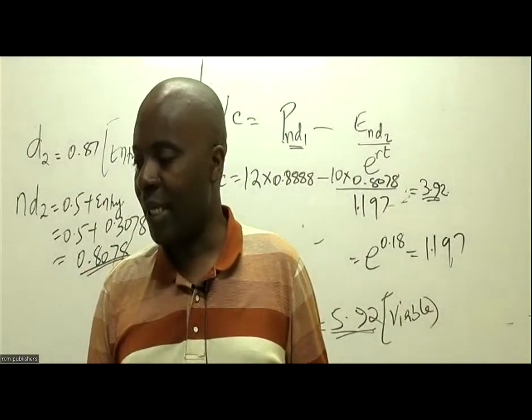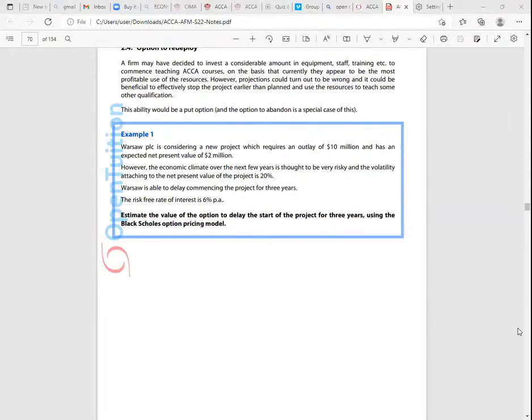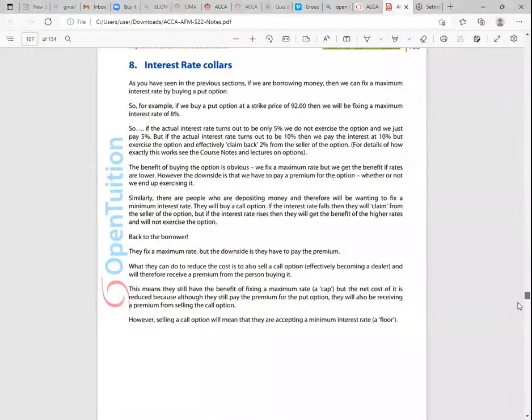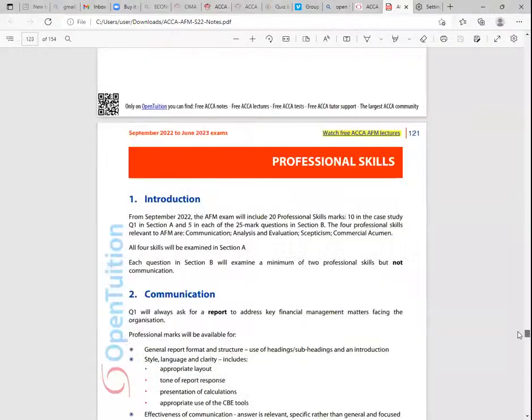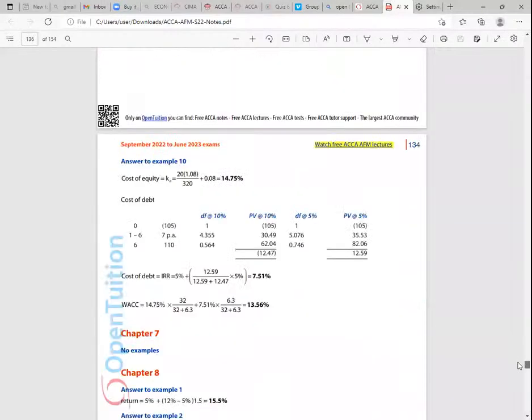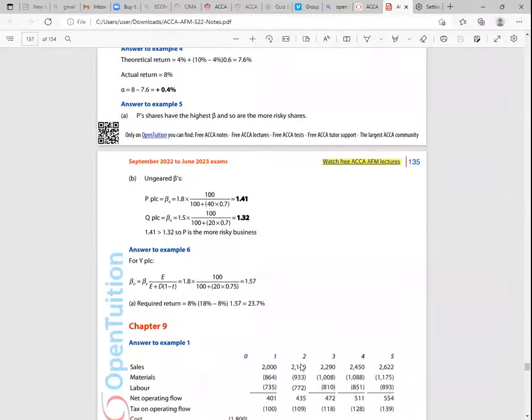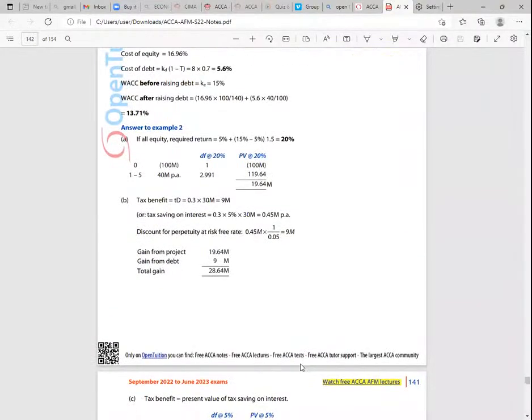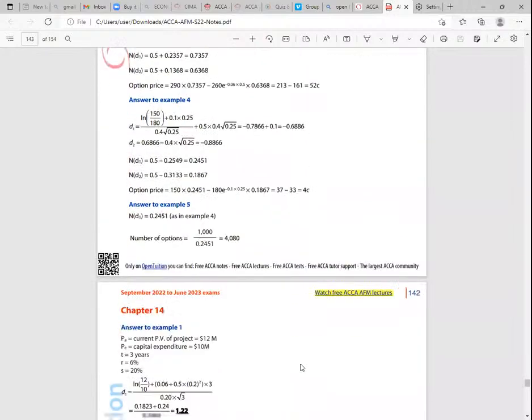Now here they messed up a little bit. In this question, they messed up just a little bit. They normally do a lot of good work, these ACCA people, but at times they have small mistakes here and there. So you can see they got this 3.92, but they decided to subtract, which was very unfortunate.